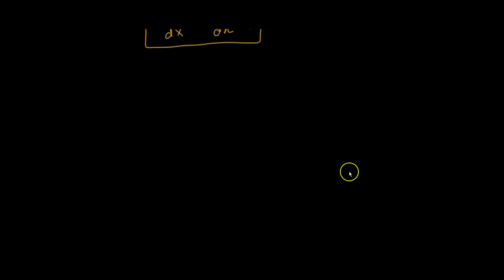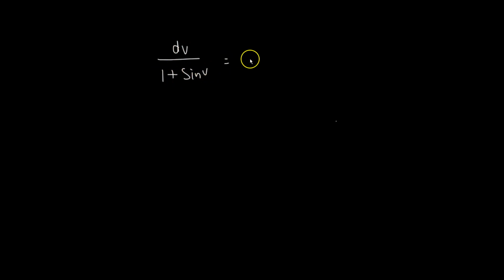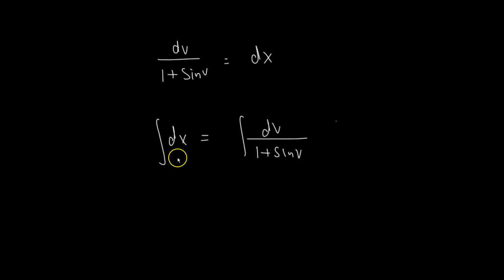So we have dv over 1 plus sine v equals dx, or simply we can rewrite it as dx equals dv over 1 plus sine v, and we integrate both sides. So integration of dx will be simply x. Now to integrate dv over 1 plus sine v, we are going to multiply and divide with 1 minus sine v.